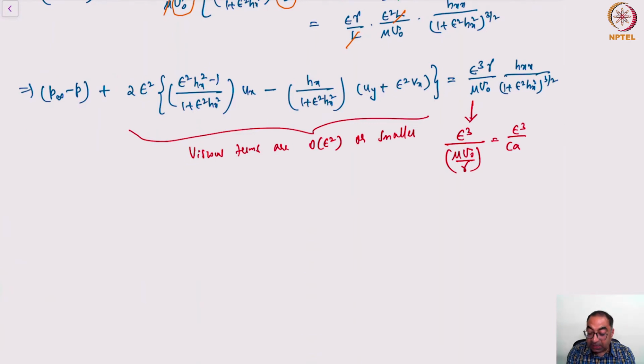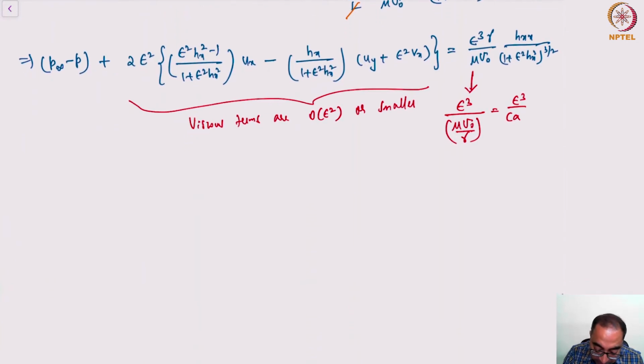Now if capillary number is comparable to epsilon cube, then that's an order 1 term. But if capillary number is much smaller than epsilon cube, then the term becomes very important, right? Whereas if capillary number is order 1, then you can safely say that surface tension is not important. So this also tells us what is the typical range of capillary numbers that we should expect for lubrication problems where curvature is important or not, right?